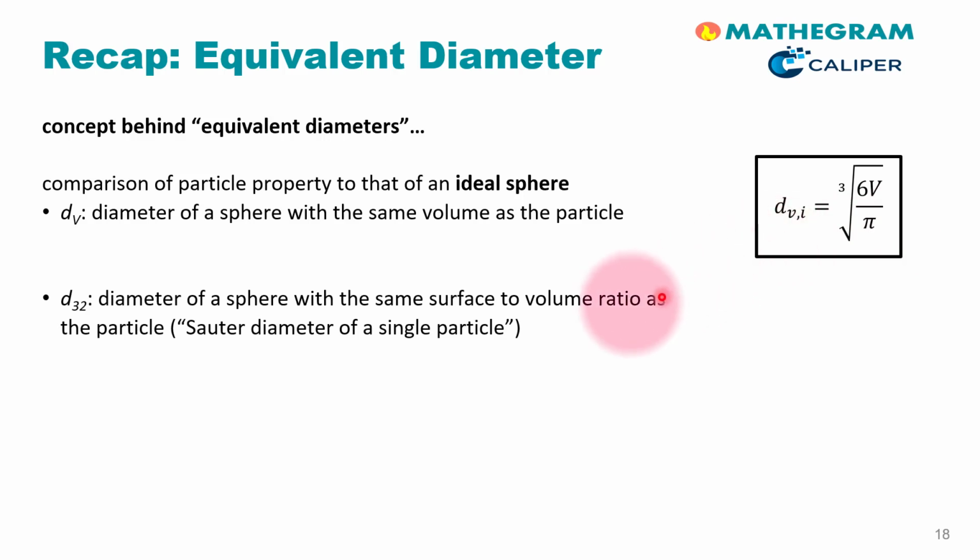Next, we need to have a brief look at another important equivalent diameter. Specifically, this is the D32, which is the diameter of a sphere with the same surface to volume ratio as the particle that we are considering. In practice, this is the so-called Sauter diameter of a single particle.